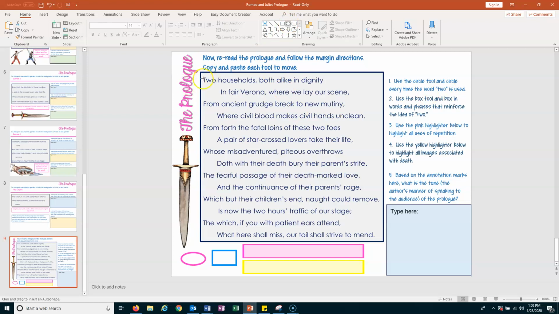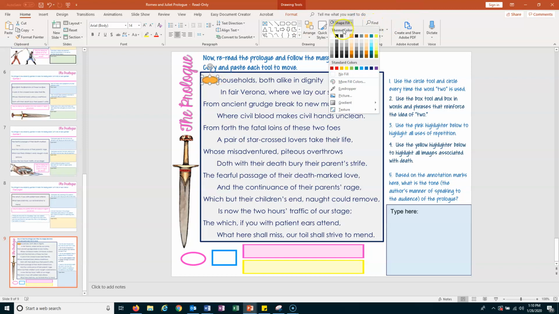You just click on it and do the circle. But unfortunately, it gives you color over it, so all you have to do is go to the shape fill and choose no fill. That's going to give you the circle that you need without blocking the actual word, okay?